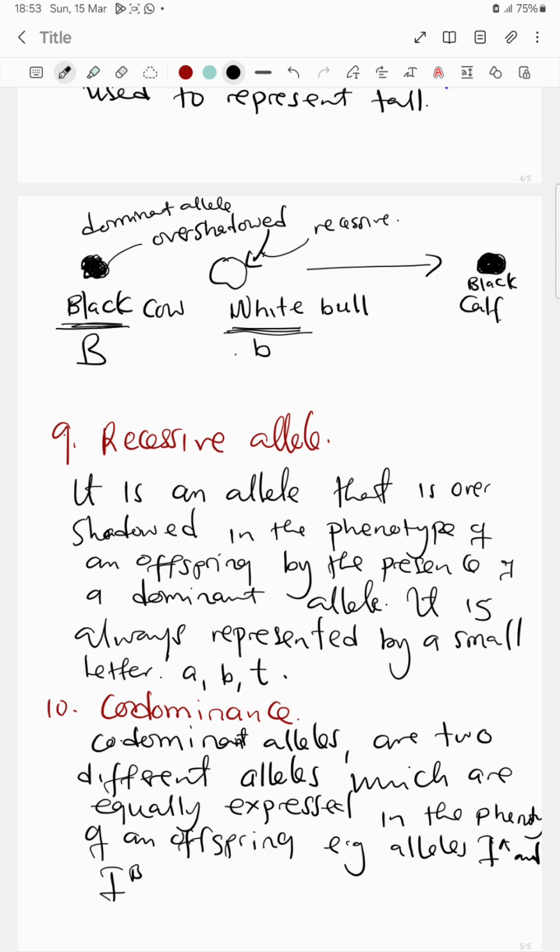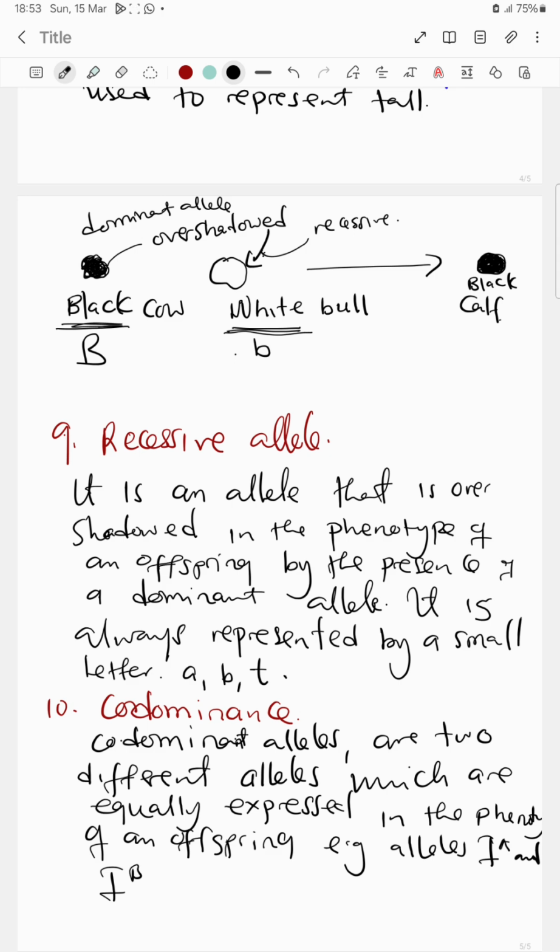So the best example that we can give is allele A. When we talk about inheritance of blood groups, we have allele A, allele B, and allele O. So now, allele A and allele B, those guys are codominant. So when they meet together, no one will overshadow the other. All of them, they'll be there.